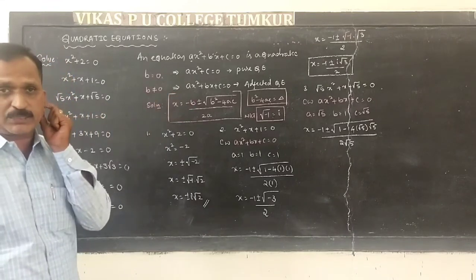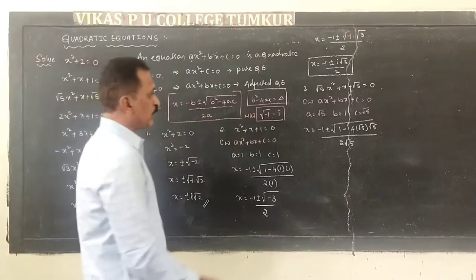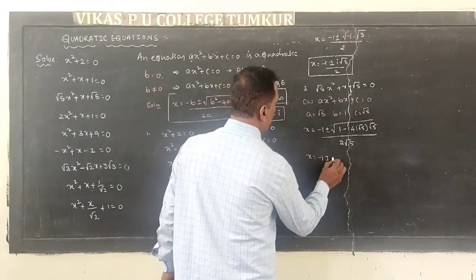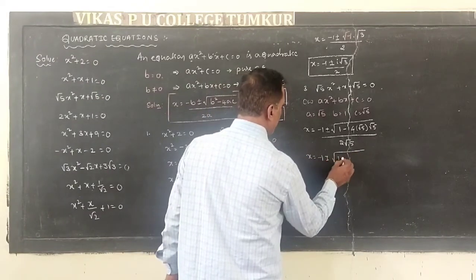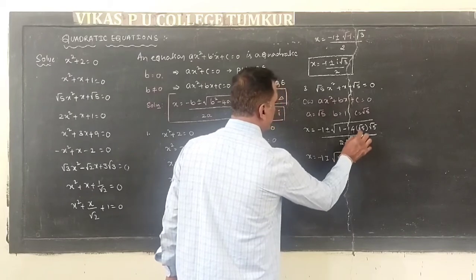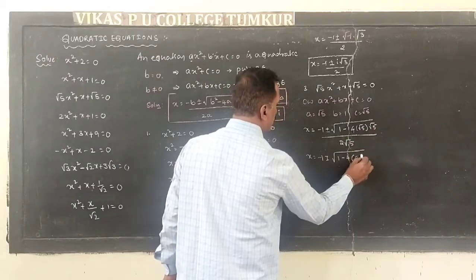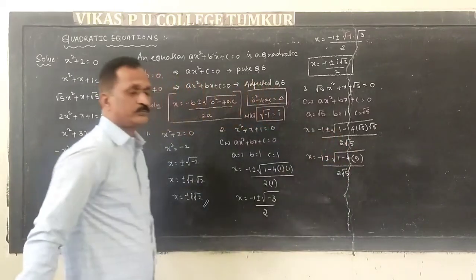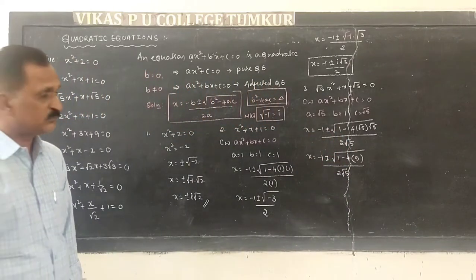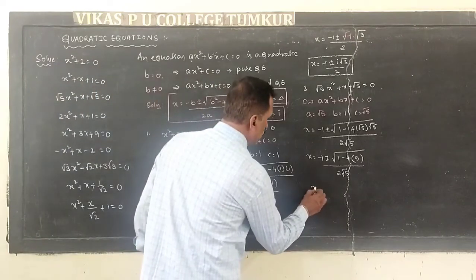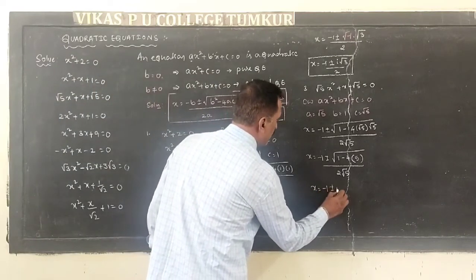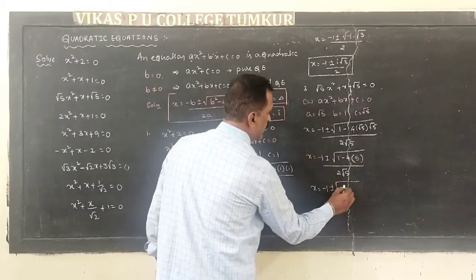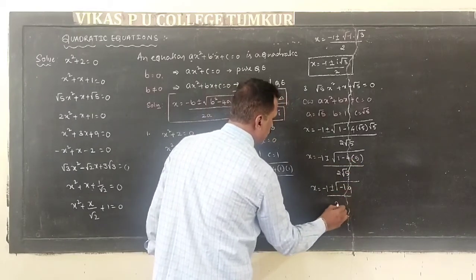Then the value of x is equal to minus 1 plus or minus root of 1 minus 4 into root 5 into root 5 is 5, divided by 2 root 5. Solve that. x is equal to minus 1 plus or minus square root of 4 fives are 20, 1 minus 20 is minus 19, divided by 2 root 5.